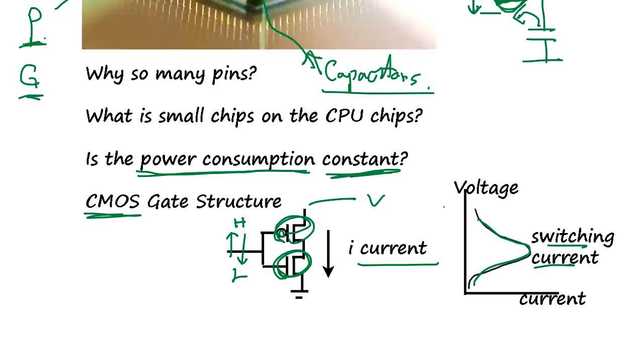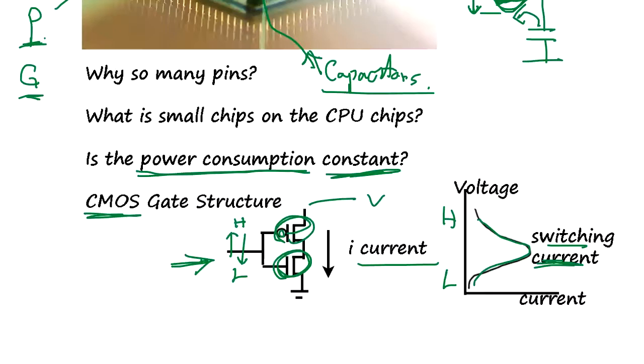Once it goes high or low, almost zero current. So this kind of circuit consumes current only when it's switching. So more gate switching means the CPU is active doing something, and more power is consumed.